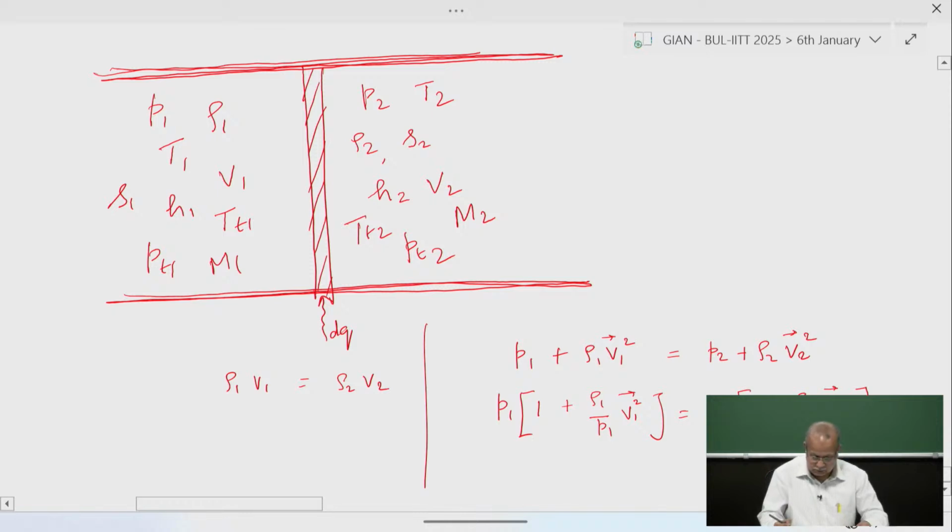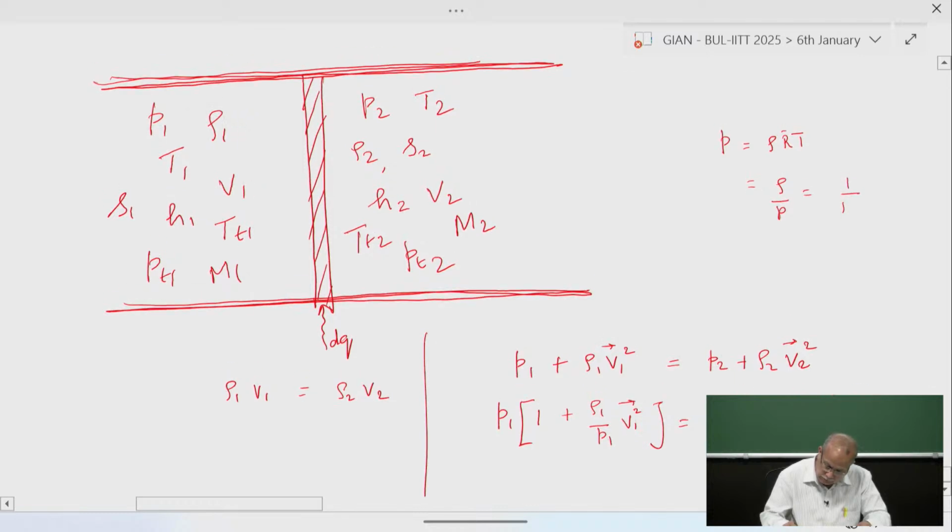Okay, so from the ideal gas equation, P is equal to rho RT, where R is the characteristic gas constant. So I can write rho by P is equal to 1 by RT.